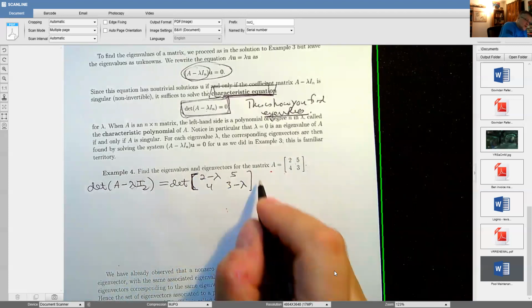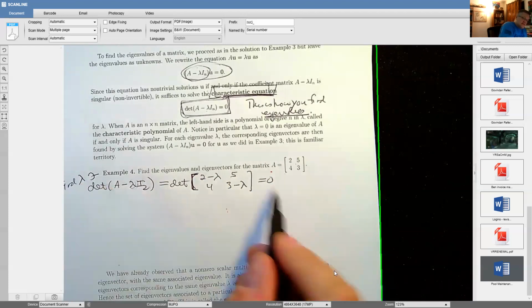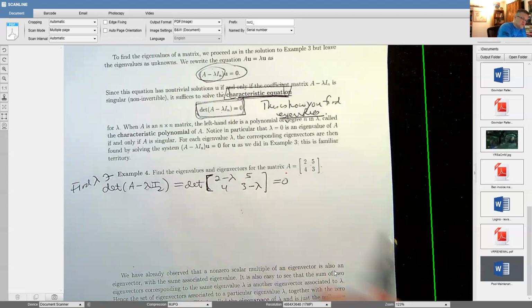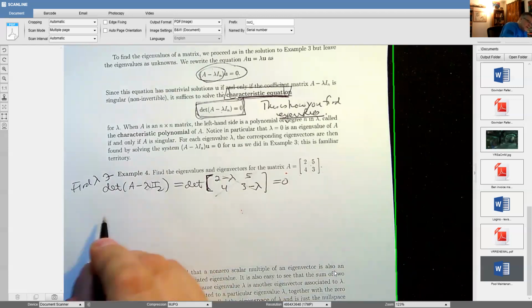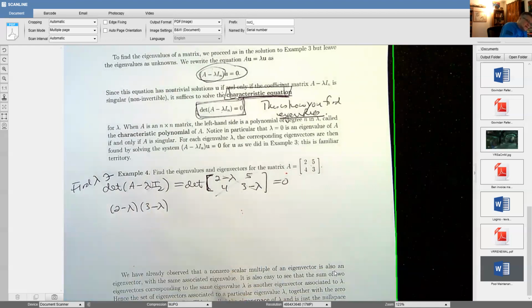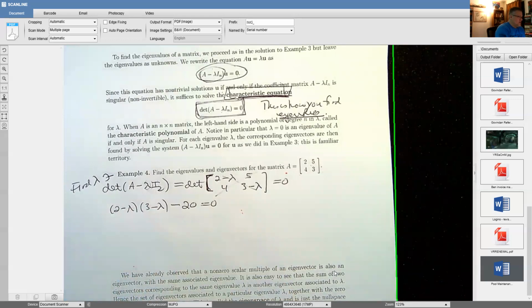And you want to find lambda such that that's equal to 0. Well, we know how to compute a 2 by 2 determinant. Multiply down that way, subtract, multiply up that way. And so you have 2 minus lambda times 3 minus lambda minus 20 equal to 0.